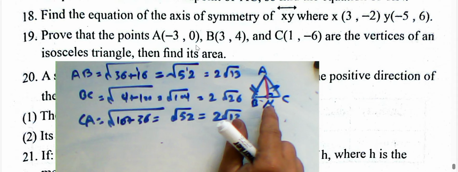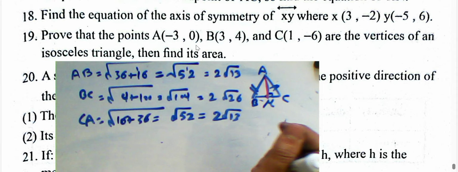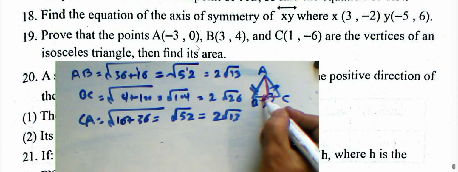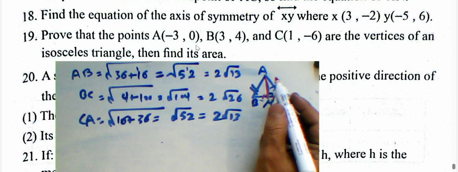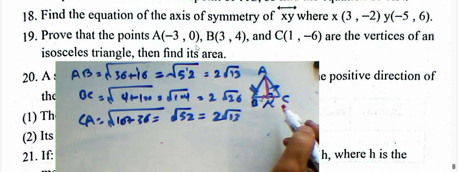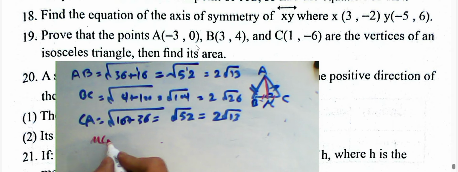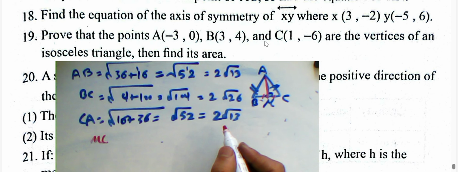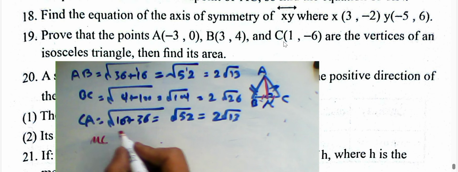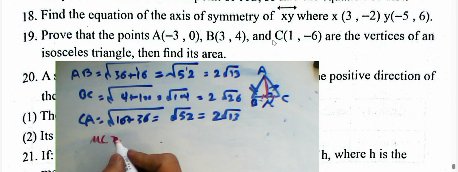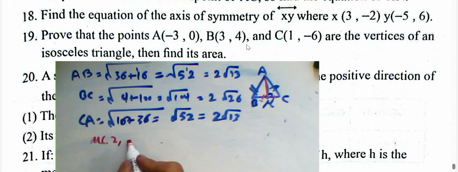First we find the length of AM, but we haven't M. M is the midpoint between B and C. In an isosceles triangle, the line of symmetry is perpendicular to the base and bisects it. So the coordinates of M: 3 plus 1 is 4, divided by 2 equals 2. Negative 6 plus 4 is negative 2, divided by 2 equals negative 1.